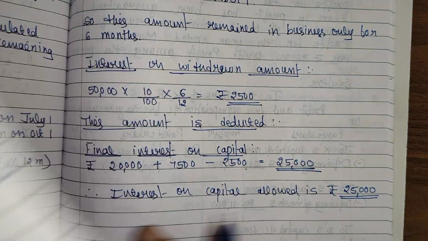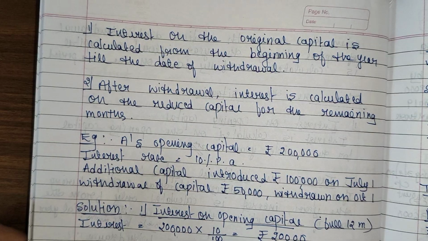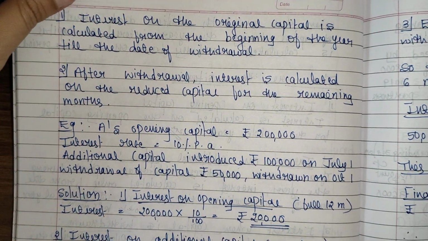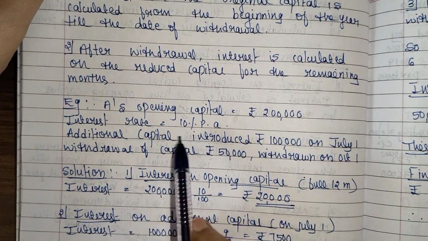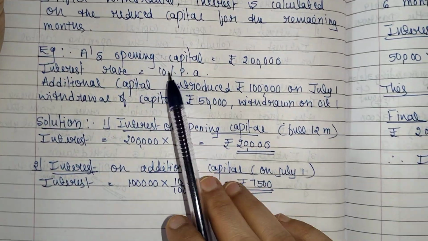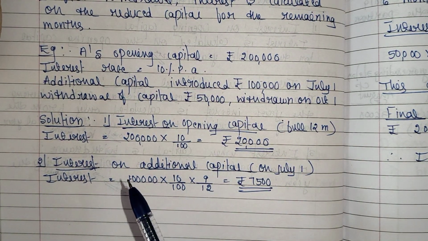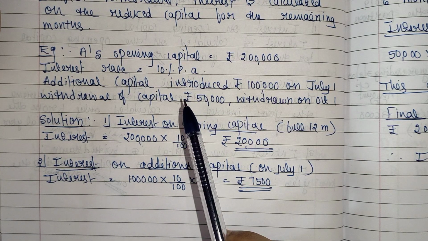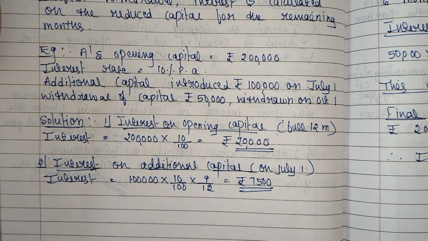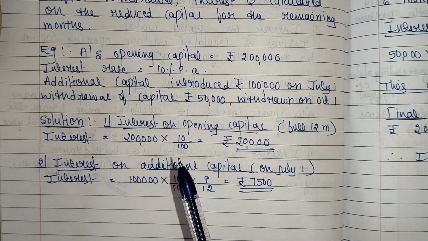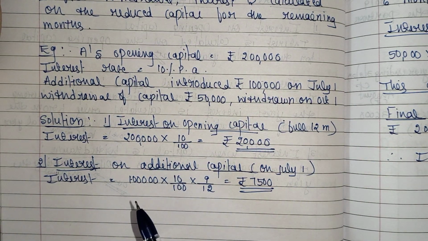Now I will explain this through an example. See here, for example, A's opening capital is rupees 2 lakh and the interest rate is 10% per annum. Clear? Now here we need to calculate the interest for the whole year. And additional capital introduced is rupees 1 lakh on July 1st.